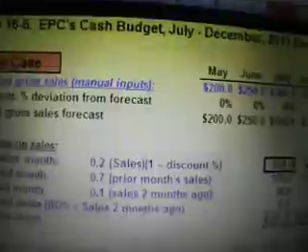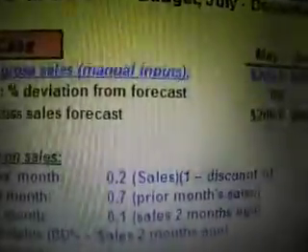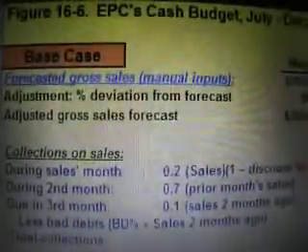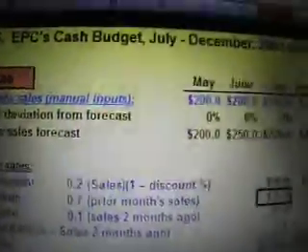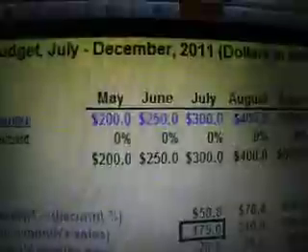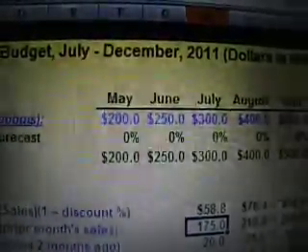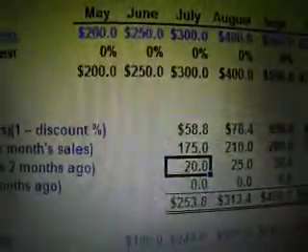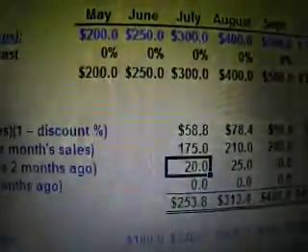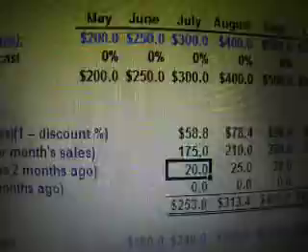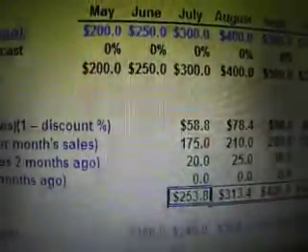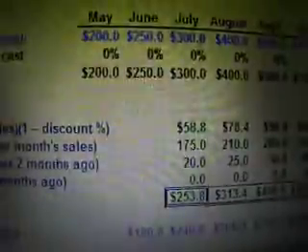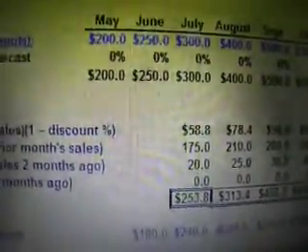Then 70% will pay the following month. So that means the sales of June, 70% of those customers will pay in July. And then 10%, they actually wait for a couple of months, and the 10% is coming from May. So in total, the company will receive $253.8 million.